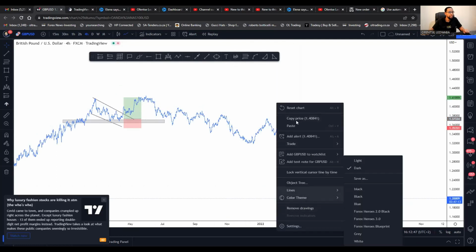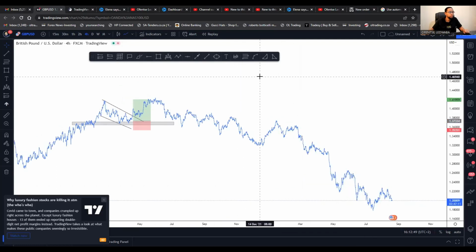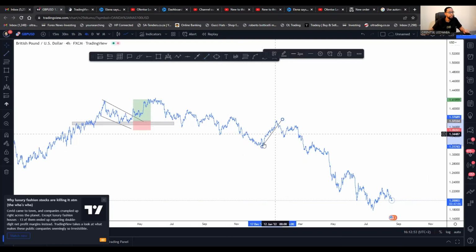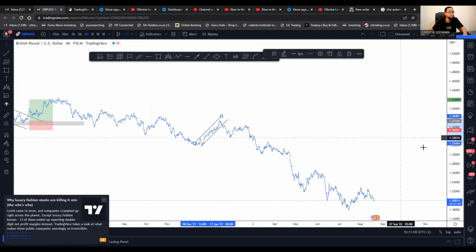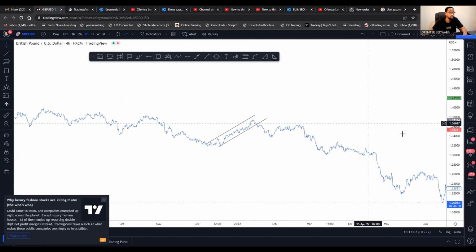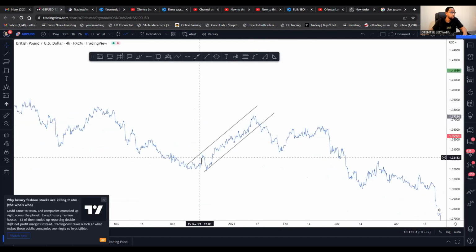And then with the line chart, you would know that, okay, fine, I had this uptrend. This was an uptrend. Remember here what we were doing? We were buying. This was an uptrend.